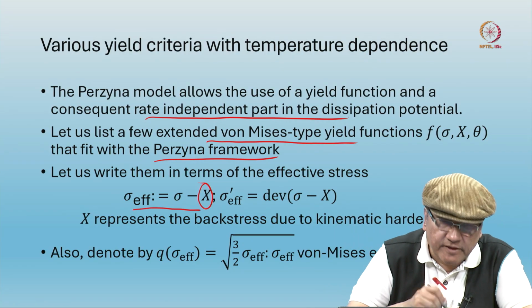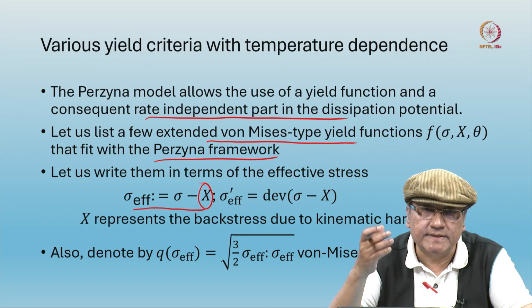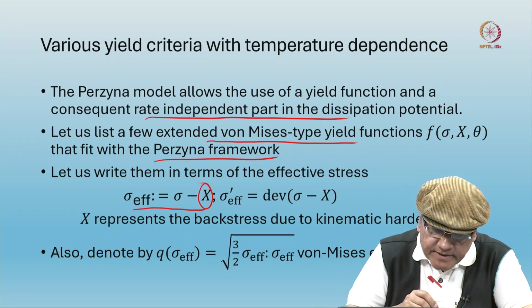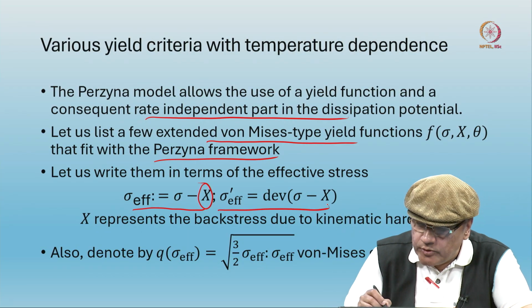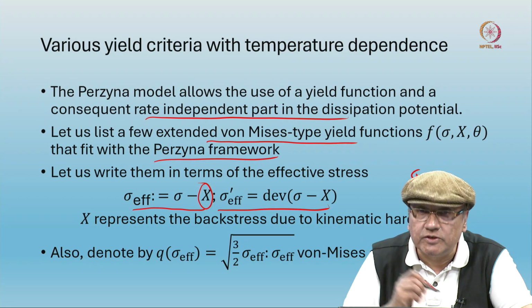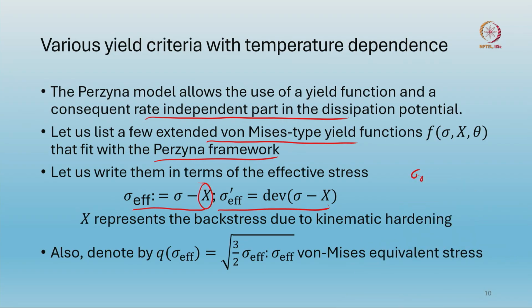So sigma effective is sigma minus x. Typically we have been writing sigma 0 as the deviatoric part of sigma, but here if I put sigma effective 0 it becomes more complicated. So I just wrote sigma effective dash, which is the deviatoric part of sigma minus x. So x represents the back stress due to kinematic hardening, and also denote the effective von Mises stress.